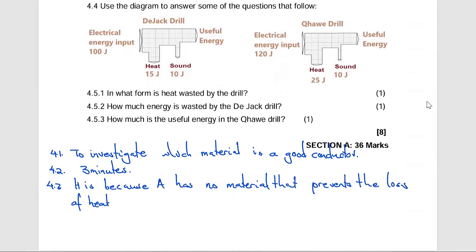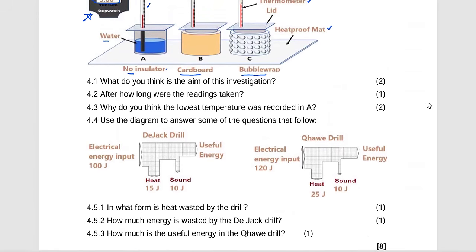So now I can just say in brackets the insulator. So it has no insulator, like that. If you look here, it says no insulator. A has no insulator. So if you write, say, A, no insulator, you are going to be correct.